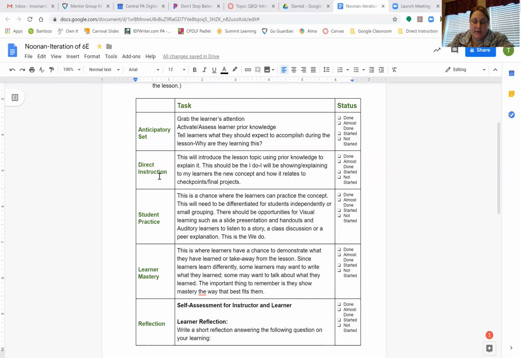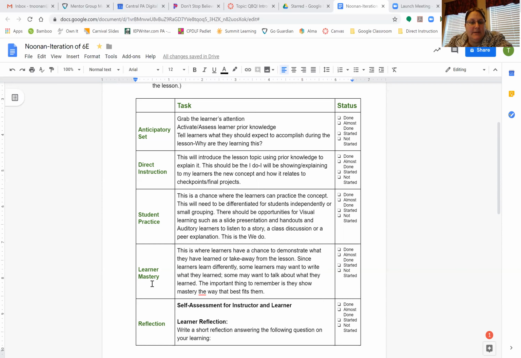So this sort of follows the I do, we do, you do. I think it's very important to model to your students. And I know we've talked about that lately in our principal meeting with purposefulness, and the word just left my brain.